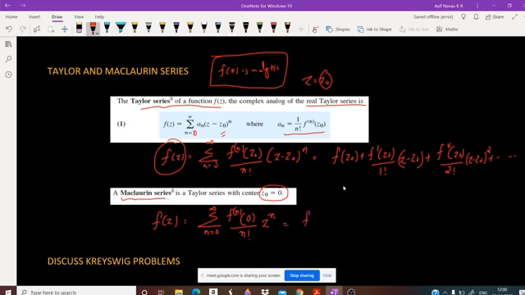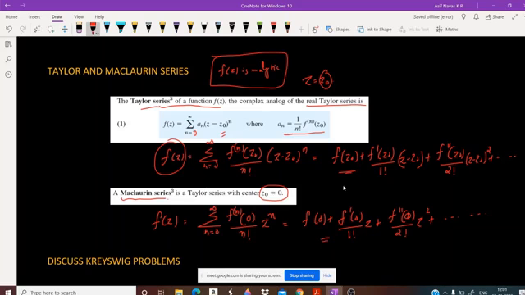So this is f of 0 plus f dash of 0 by 1 factorial z plus f double dash of 0 by 2 factorial z square plus etc. So this series is called the Maclaurin series. So Taylor series is this expansion and Maclaurin series is this expansion.